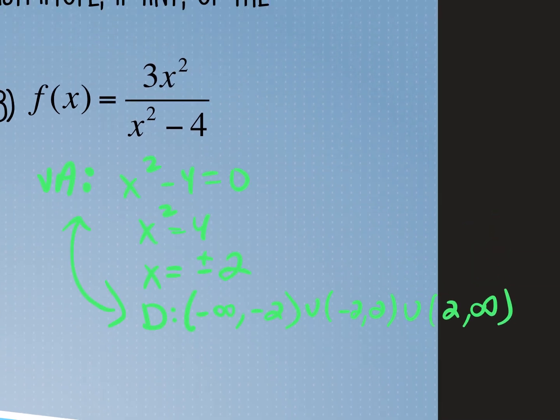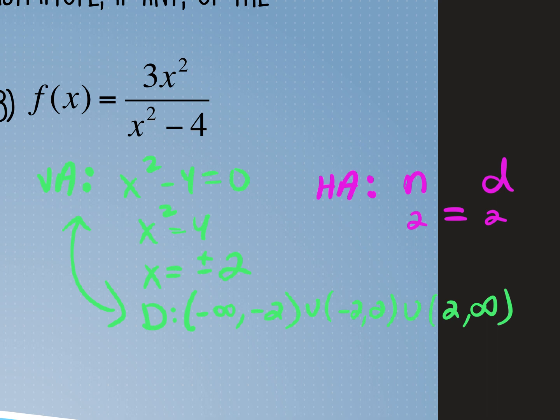So now if we're going to find our horizontal, remind me again, how do you find horizontal? What do we compare? The numerator degree to the denominator degree. What is the degree of the numerator? 2. What's the degree of the denominator? 2. 2 is equal to 2. So look at your cheat sheet.